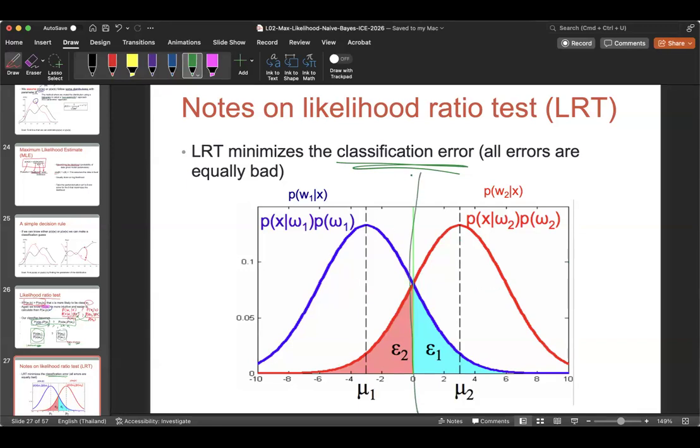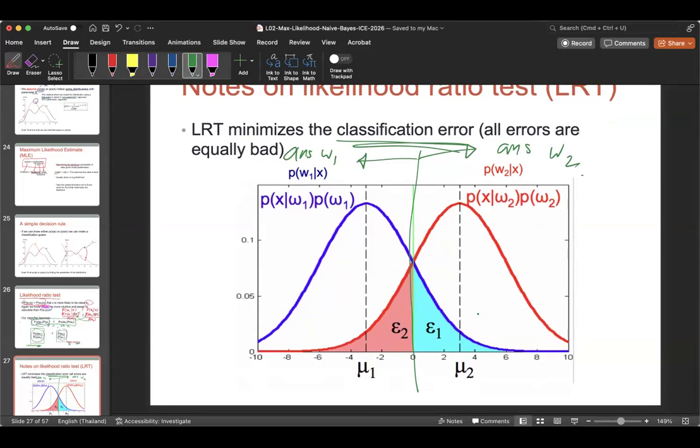On this side, we answer W2, and on this side, we answer W1. If the distribution looks like this, then this area is an error because it's class 1 but it's on the W2 side. This one as well is an error because it's class 2 but it's on the W1 side. And if you just look, it's proof by looking.